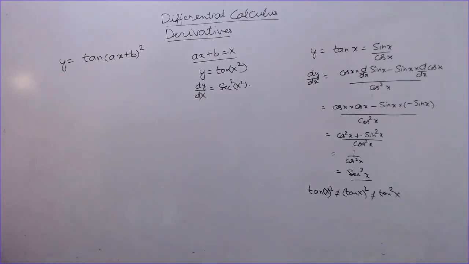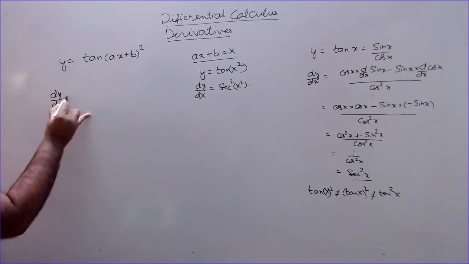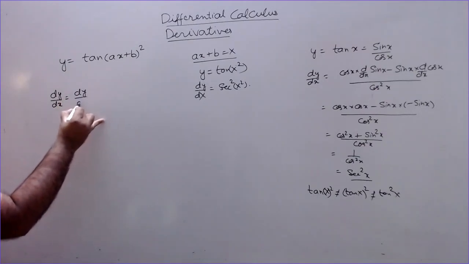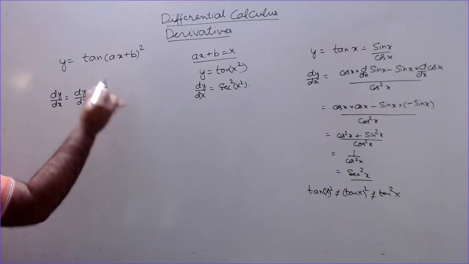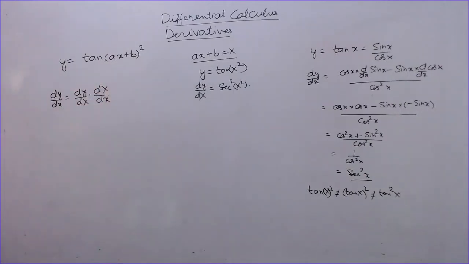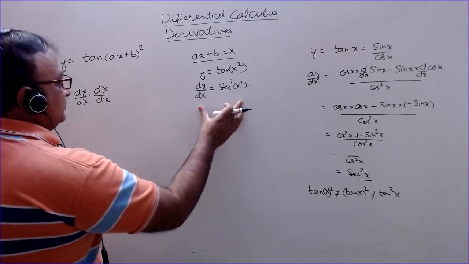For this purpose, we have to use a rule that is called the chain rule. The chain rule is defined as dy by dx is equal to dy by dX into dX by dx. So dy by dX you have found.